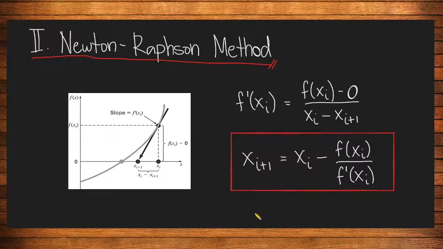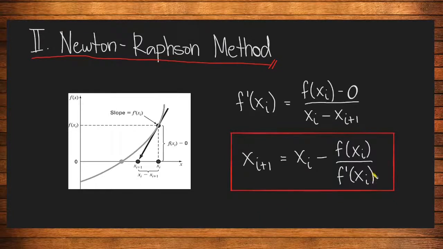Our new estimate x sub i plus 1 is equal to our previous estimate x sub i minus the value of our function at our previous estimate, so f of x sub i, divided by the first derivative of our function at our previous estimate, so that is f prime of x sub i.